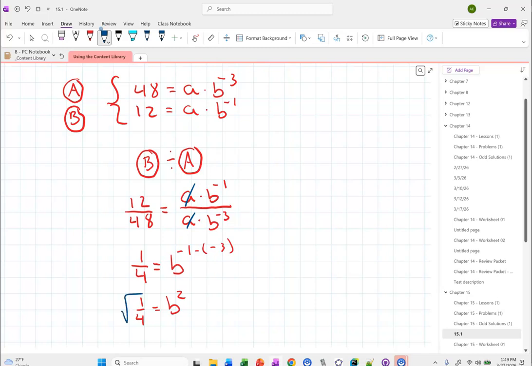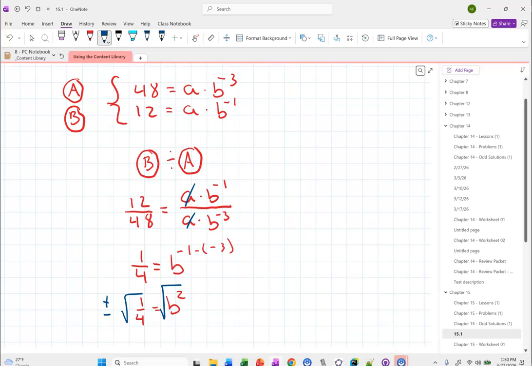Square root. Now when we square root both sides of an equation, what do we have to remember? Plus or minus. That's what I was looking for.